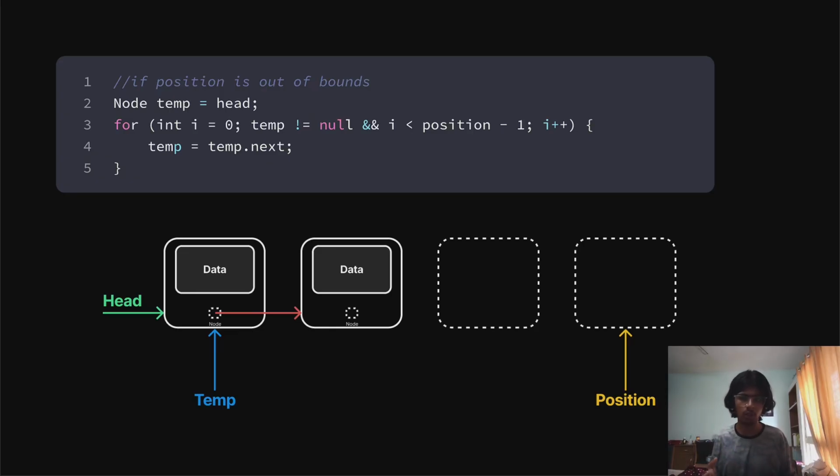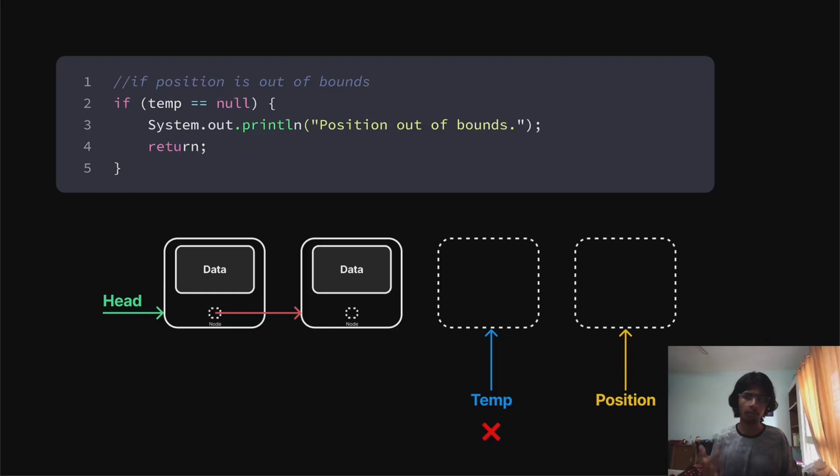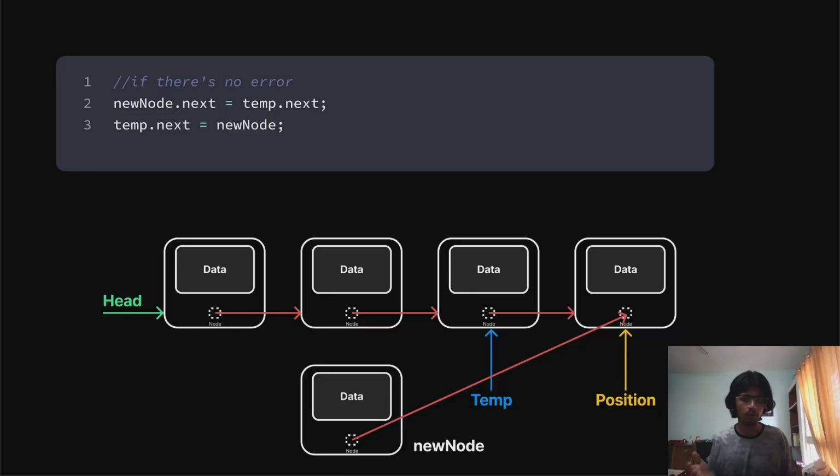If the position is out of bounds, the temp will go to the first position, then the second and the third. But when it goes past the third, temp becomes null. And as we can see in the for loop, when temp becomes null, the for loop finishes. And when it finishes with temp equal to null, we print out position out of bounds and we return.